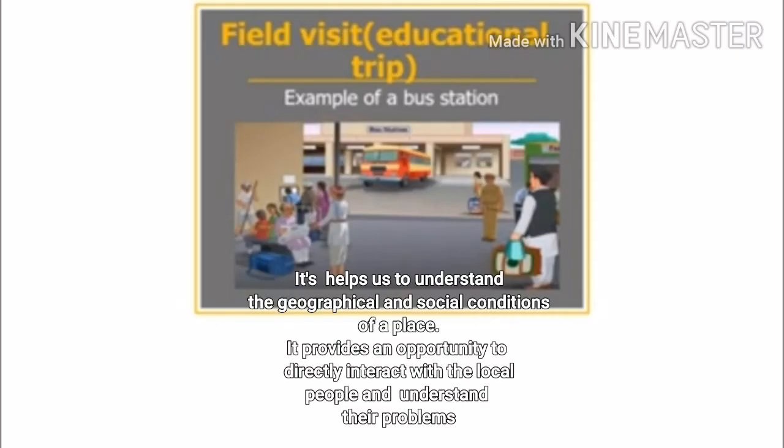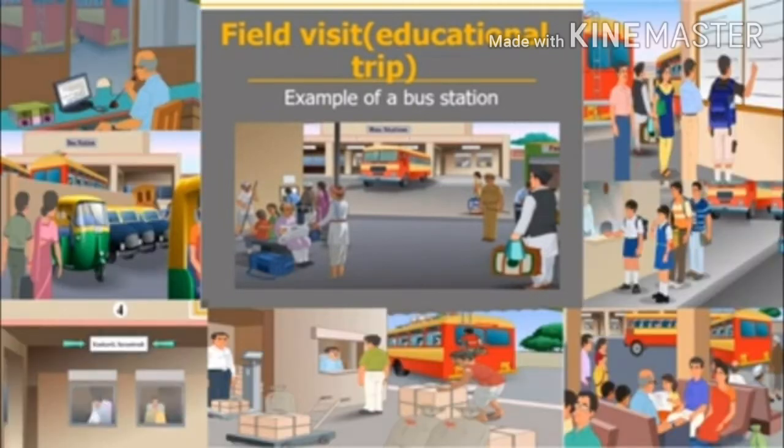Now the next topic, that is field visit, that is an educational trip. A field visit is an important method of studying geography. It gives us the geographical and social conditions of that place and also provides an opportunity to speak directly with local people and understand their problems. Here I gave one example from the book, the example of a bus station.